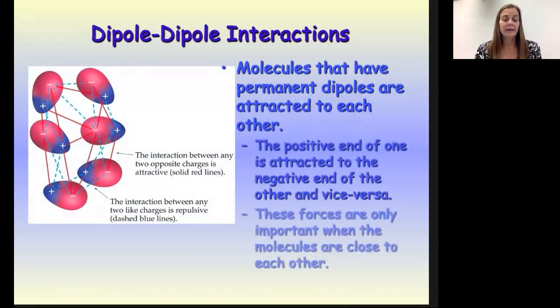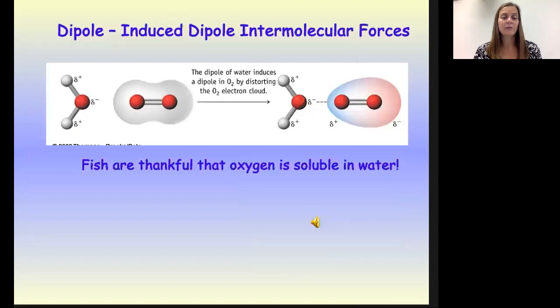And then the next type of interaction that we're going to talk about is what we call a dipole-induced dipole. So a dipole-induced dipole is when a polar molecule gets near a non-polar molecule. And when it does that, the negative end of the molecule that's approaching is going to push the electrons in the nonpolar molecule to the other end of the nonpolar molecule. And this creates a temporary dipole.